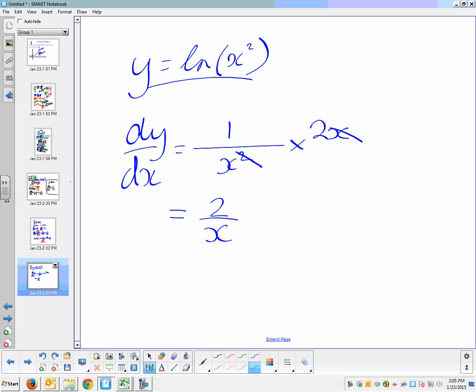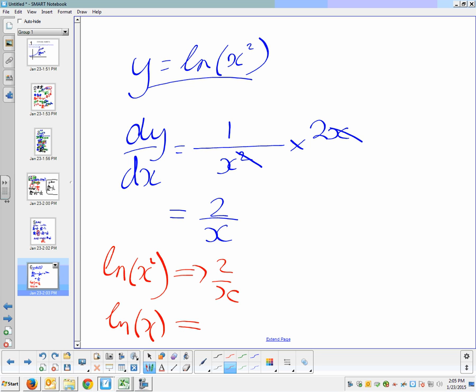Again, you can explain why log of x squared differentiates to 2 over x when log of x differentiates to 1 over x. And the reason for that, again, can be found in your log laws.